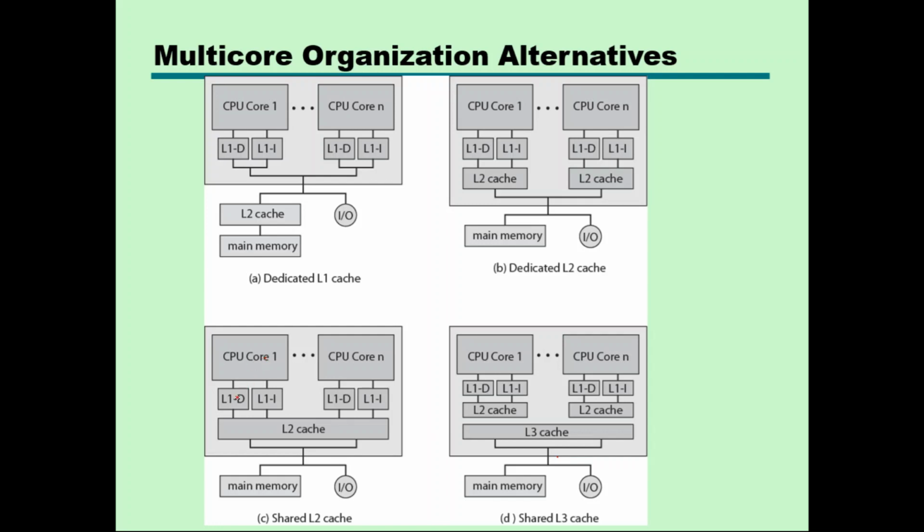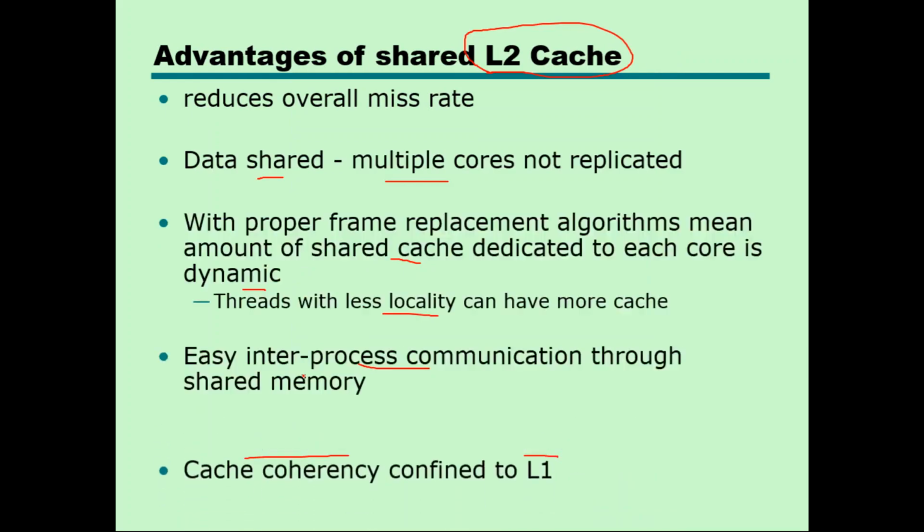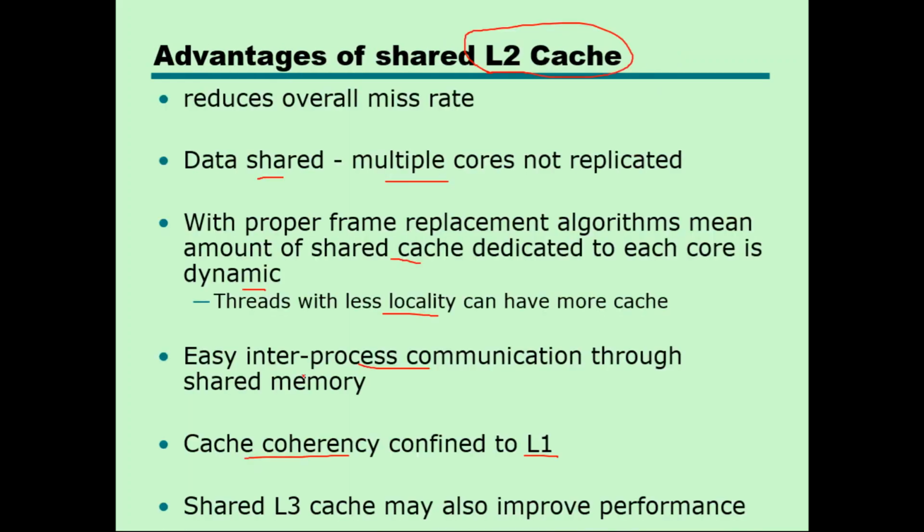If core 1 modifies the cache, it should inform everybody, and make sure everybody updates or invalidates their content. The operating system needs to worry about cache coherence only for L1. For L2 there is no question of cache coherence because it is shared by all the cores. These are some of the advantages of a shared L2 cache.